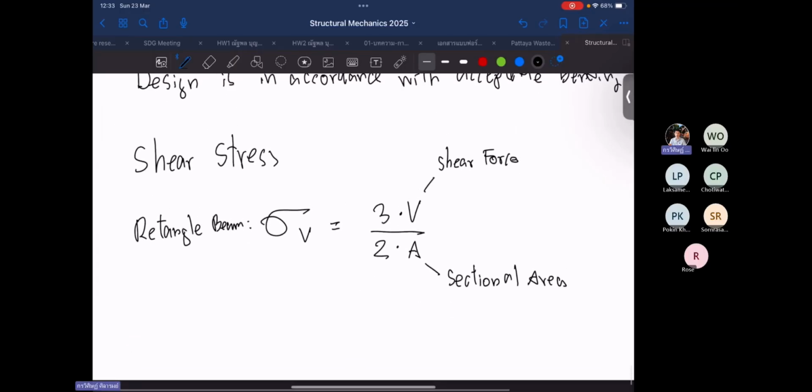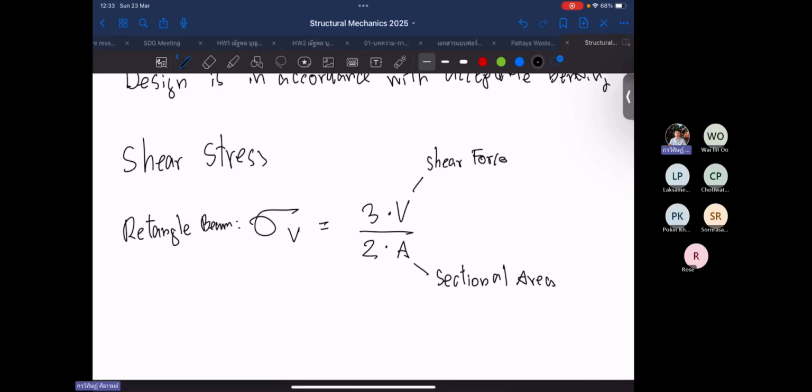Okay, and most of the beam is rectangle or wide flange. For wide flange is, let me check the formula. Okay, equal to V.